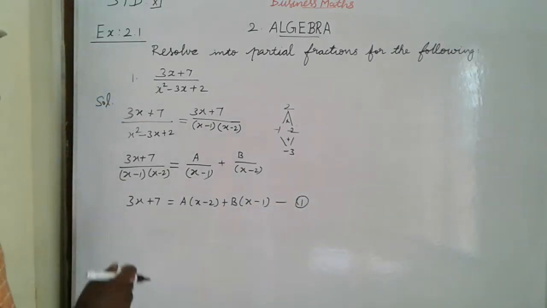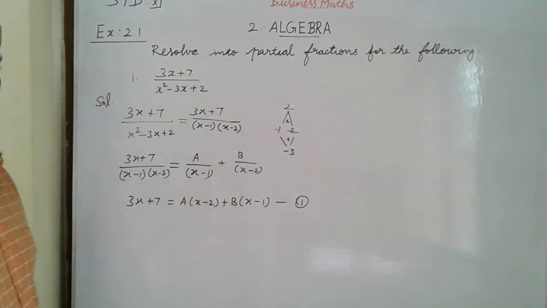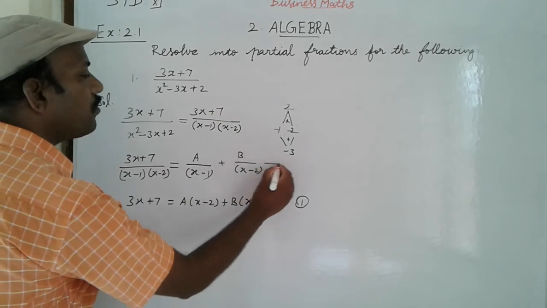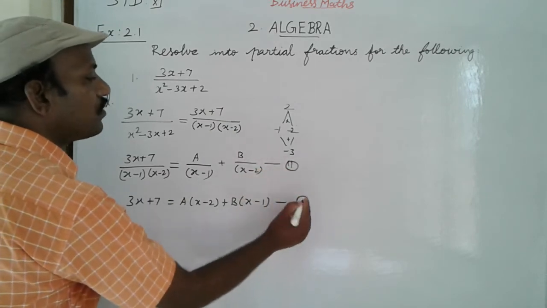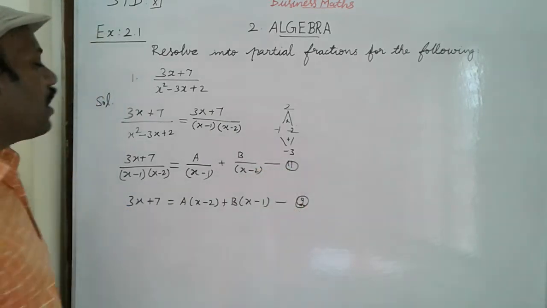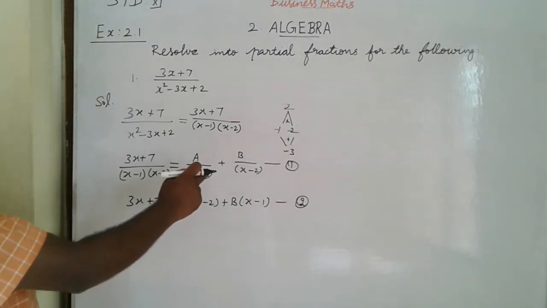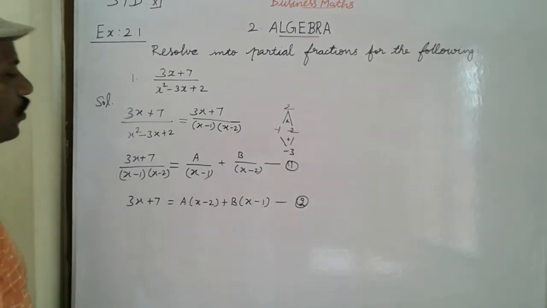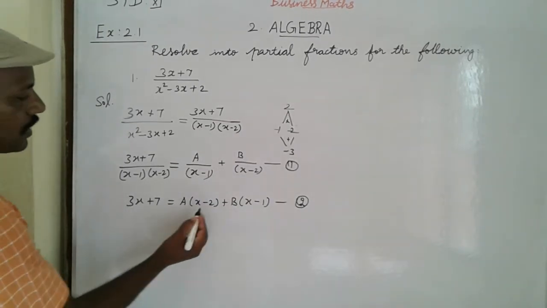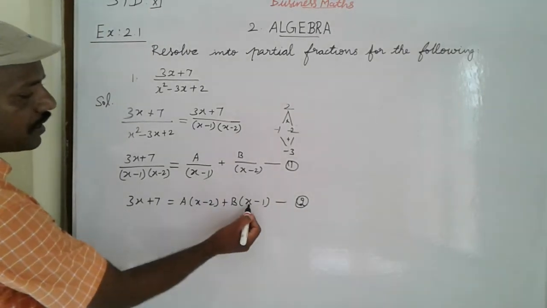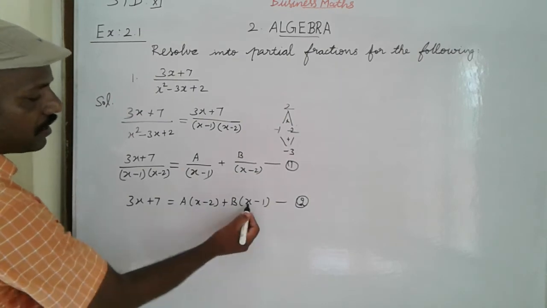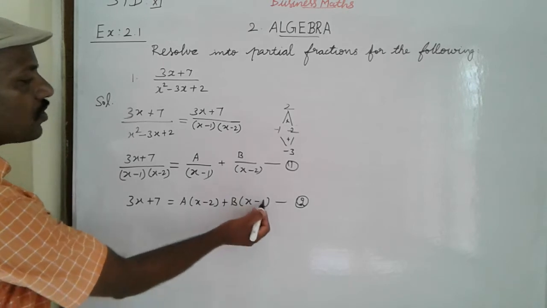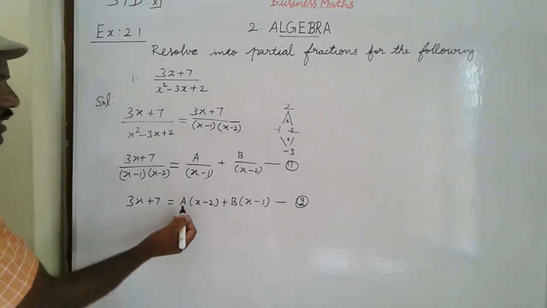We should find the values of A and B and substitute them in equation number 1. First, find the B value: substitute x = 1, then 1 minus 1 is 0, and 0 into B is 0, so we get the A value.